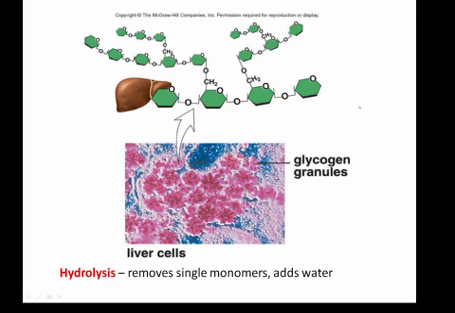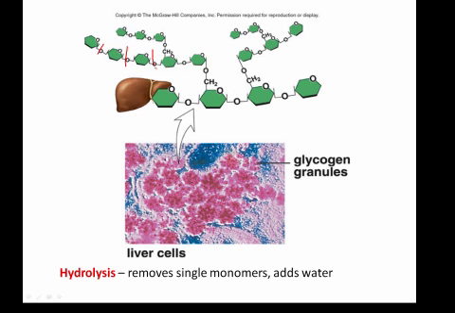Animals store glycogen primarily in the liver, but also in skeletal muscles. We can break these down. If we needed to break up glycogen or starch, that simple hydrolysis reaction is going to chop glucose off one at a time.